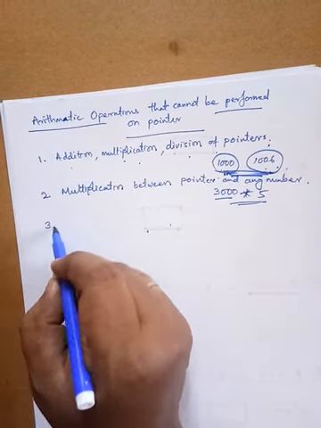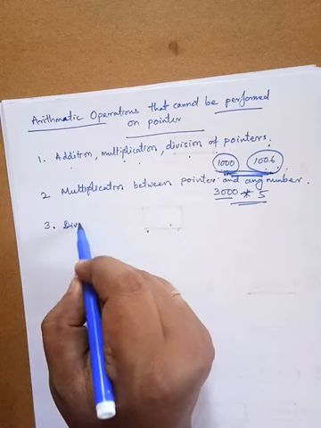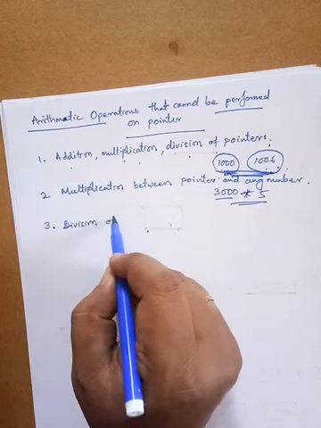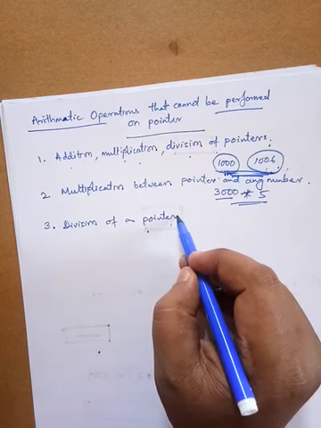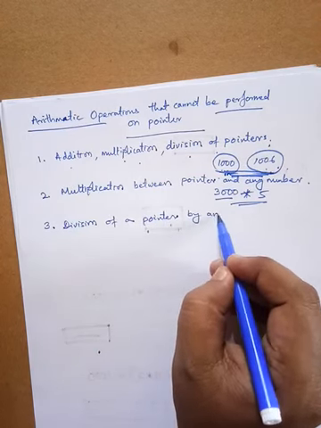Then the third one is division of a pointer by any number.